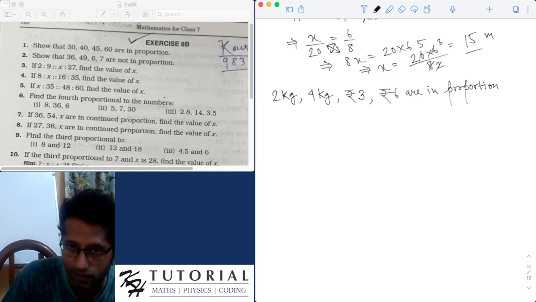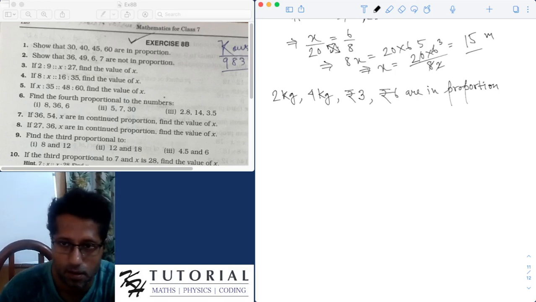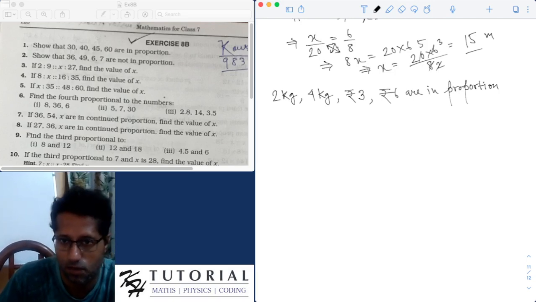But to find the ratio of the first 2 quantities, they must be of the same kind and have the same unit. Also, to find the ratio of the third and the fourth quantity, they must be of the same kind and in the same unit. So these 2 are in rupees and the first 2 are in kg.